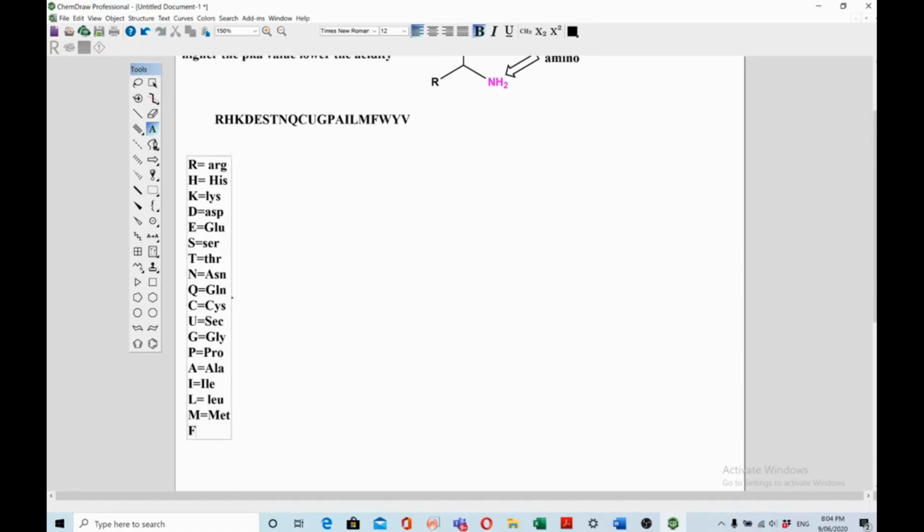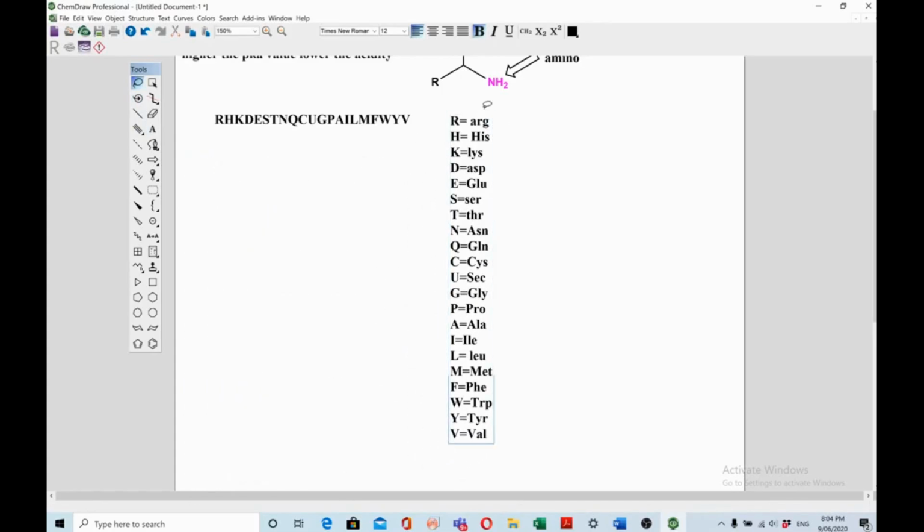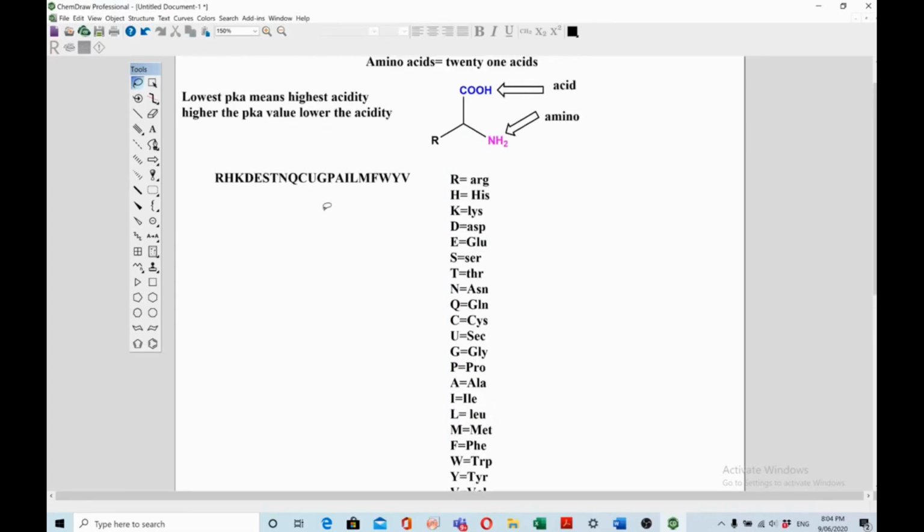Then F is phenylalanine. W is tryptophan, TRP, and tyrosine is Y, that is TYR. The last one is V, valine. Easy, guys. So these are the 20 or 21 amino acids. This is the total list of one-letter codes and three-letter codes, and I will discuss the pKa values and the structure of each amino acid.